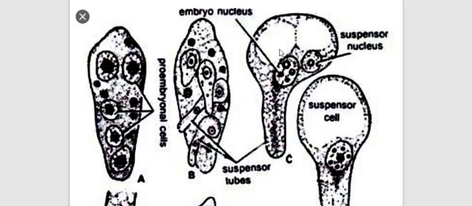This is one proembryonal cell in which the outgrowth is formed, which is known as the suspensor tube. The nucleus enters into this tube and then divides into two nuclei, the suspensor nucleus and the embryo nucleus.